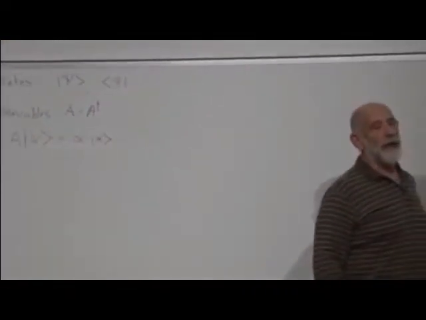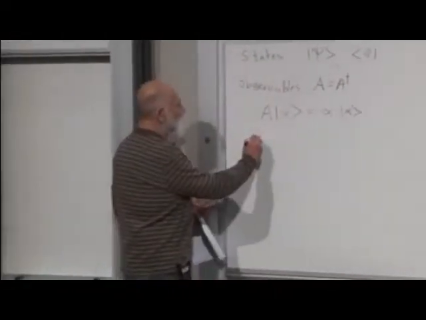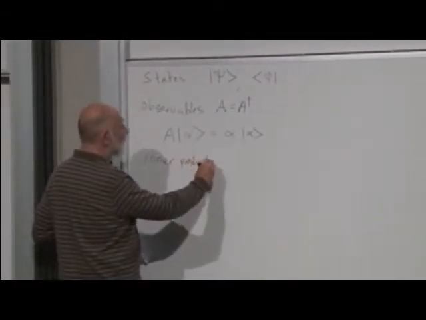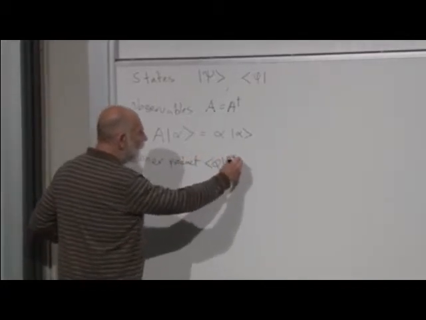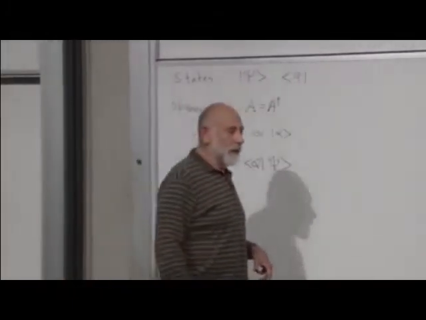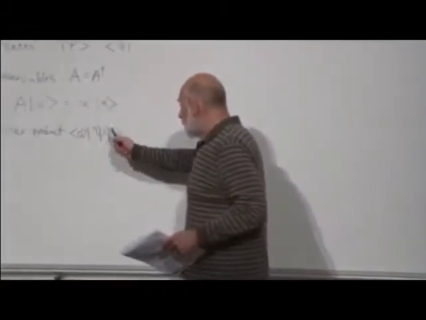That number is in general a complex number, and it's a number for every pair of vectors. It represents a kind of product of the two vectors. It's similar in its mathematical structure to the dot product between two vectors in ordinary space, but it's a more abstract object. It plays an important role in the logic of quantum mechanics.